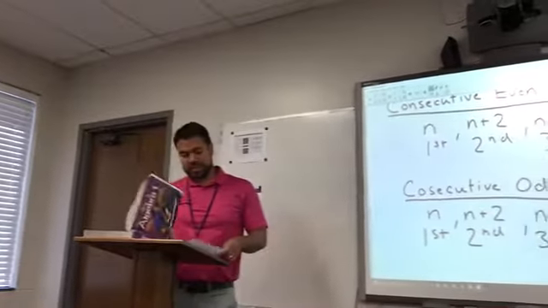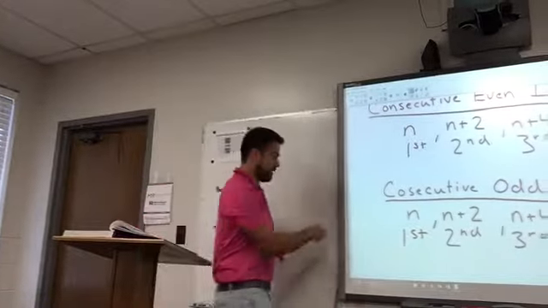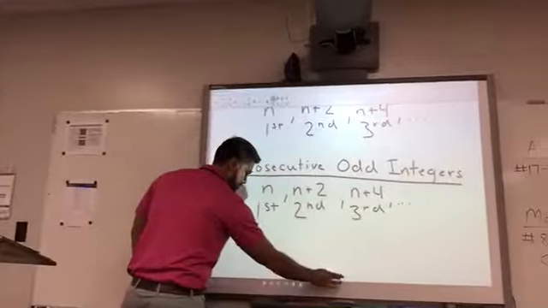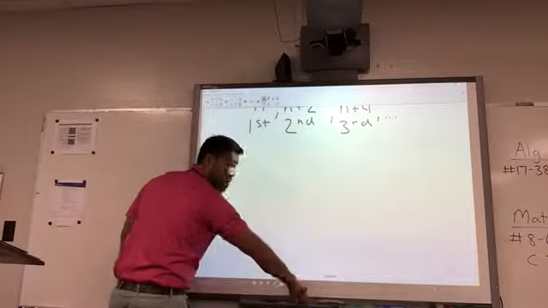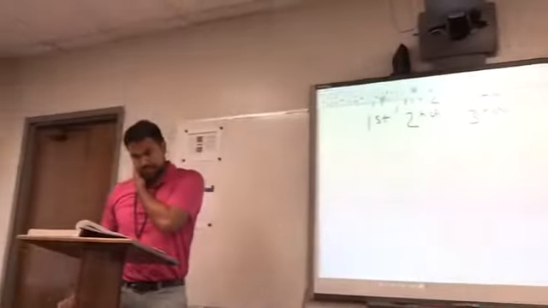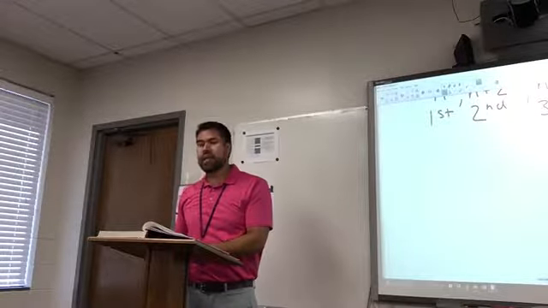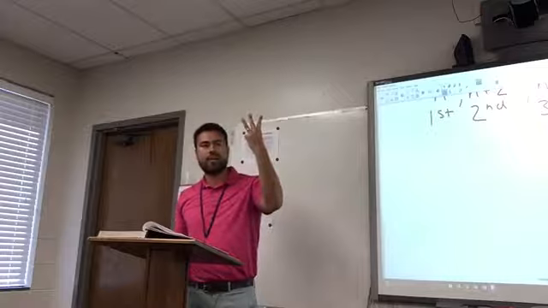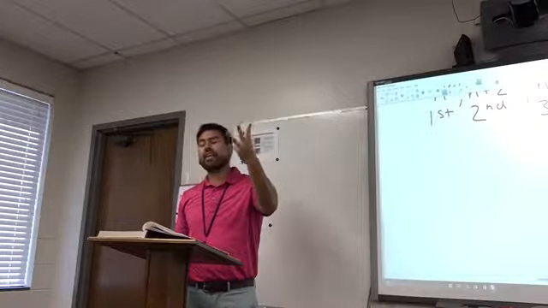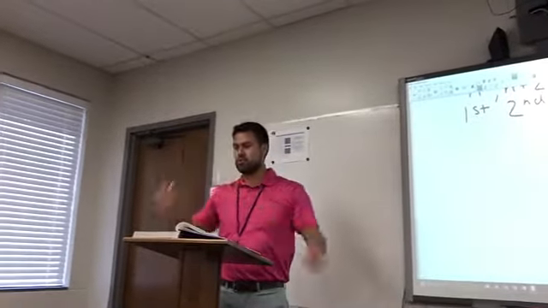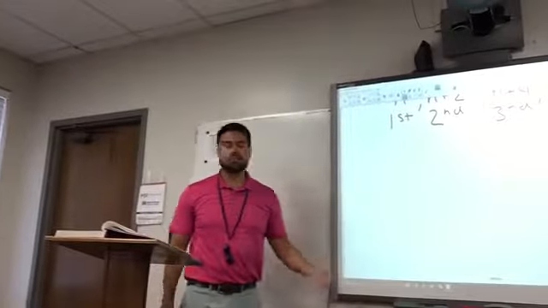Let's see how this works with example number 4. Someone read for me example number 4. Okay, Nate? Find 3 consecutive odd integers whose sum is negative 15. What are we looking for? 3 what? Consecutive odd integers. Do I know what the first one is?